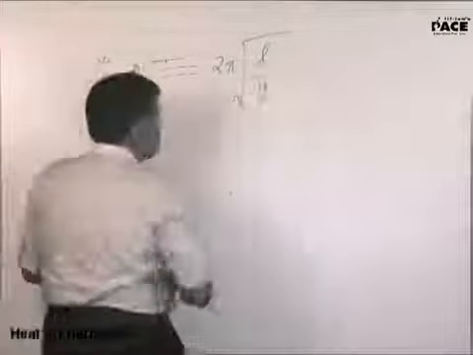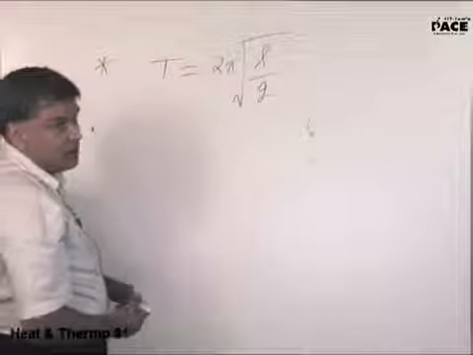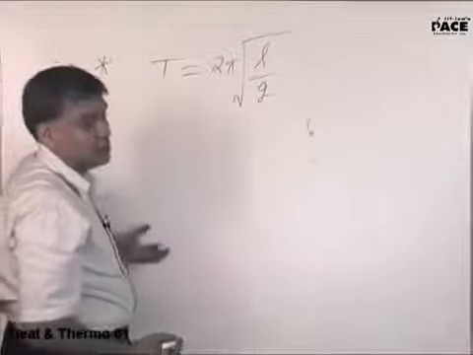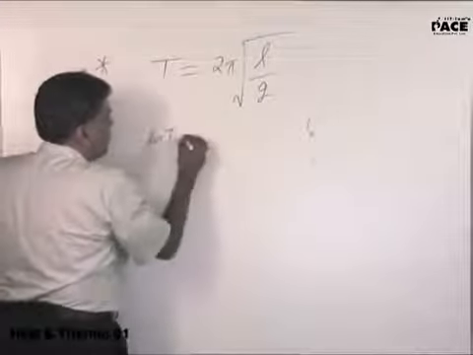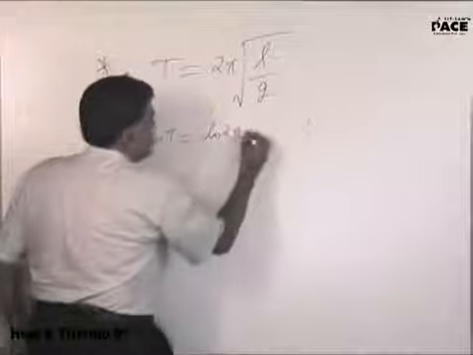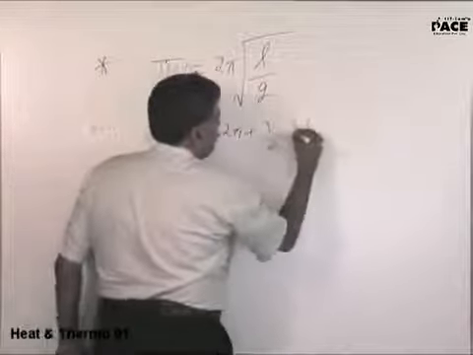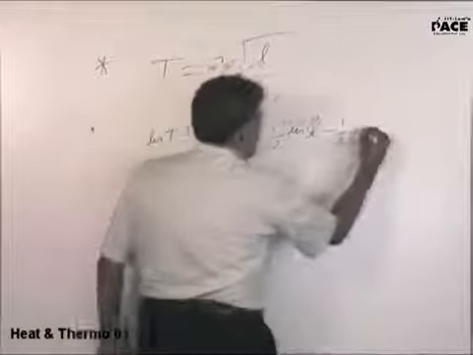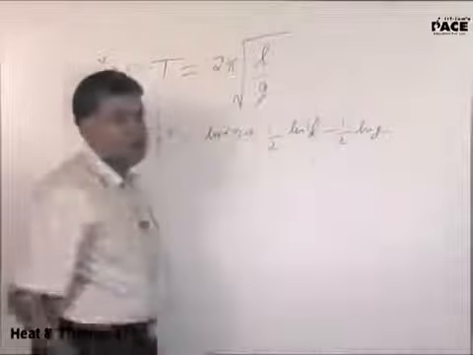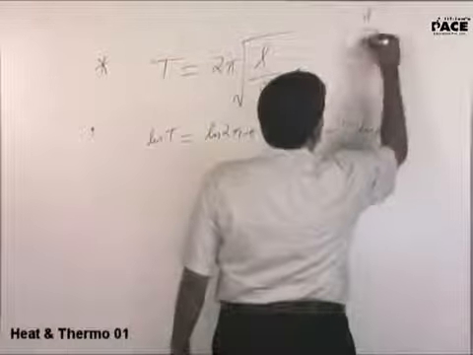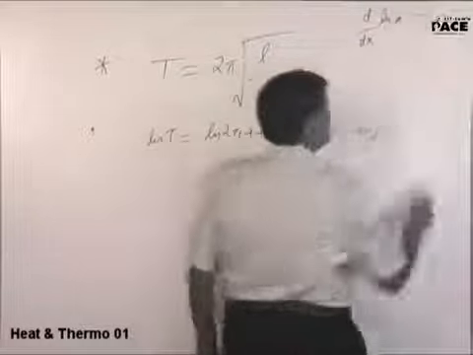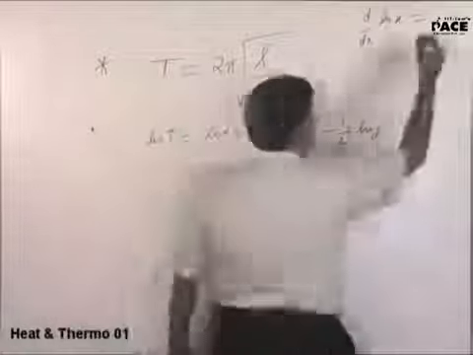Now here, just see what I am doing. The reason will be clear very soon. We take a log throughout. Log t equals log 2 pi plus half log L minus half log g. What is d by dx of log x? 1 by x.